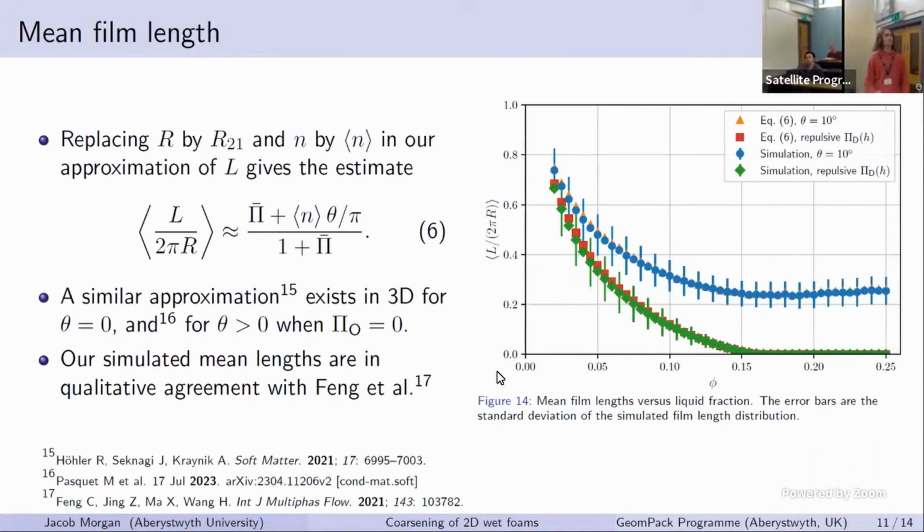Another thing that one can work out from that bubble-wise expression for the bubble film length is that we can estimate a mean.